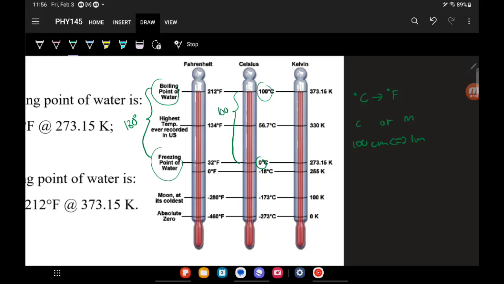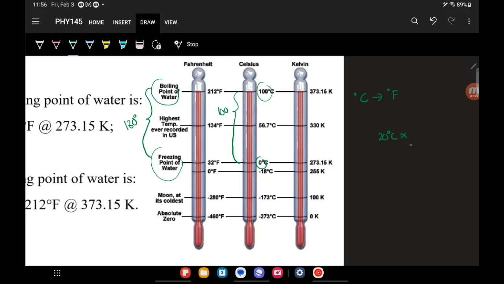So the first step of understanding this equation is, let's say we are starting with 20 degrees Celsius, so we need to change the incremental. The incremental would be multiplied.